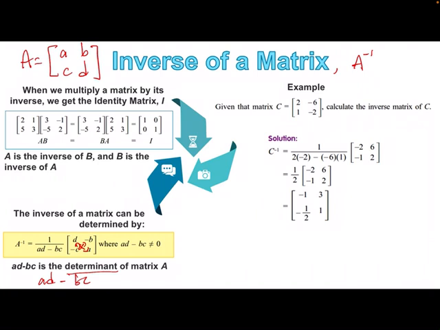So AD minus BC is 2 times negative 2 minus negative 6 times 1. So 1 over AD minus BC, and then we change the position of the matrix, so it becomes D, A, negative B, negative C. Remember that: we swap the positions and add the negative on the off diagonal. Then we just multiply, and here is the C inverse.